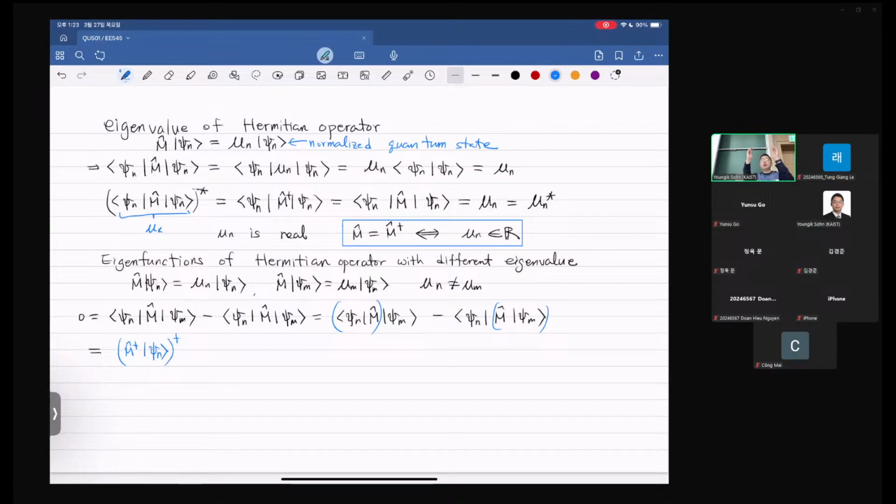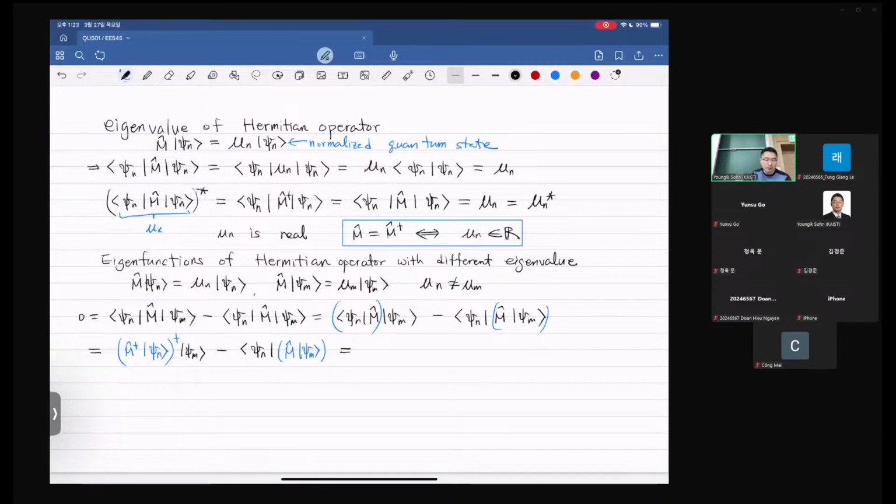That parenthesis part, I'm allowed to write that way. And then, here, minus psi n, and on the right-hand side, to make it clear, I'll use this color, M psi m, right?